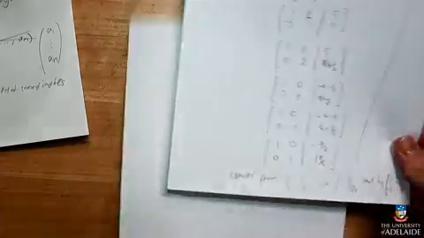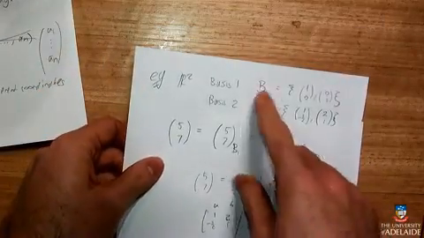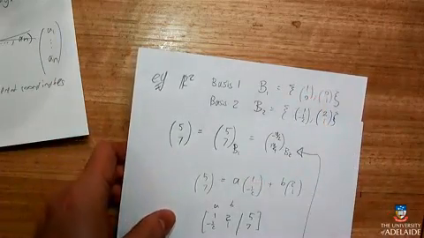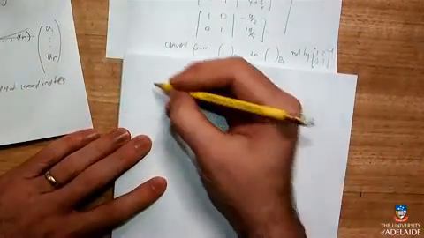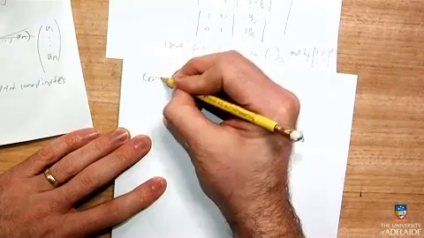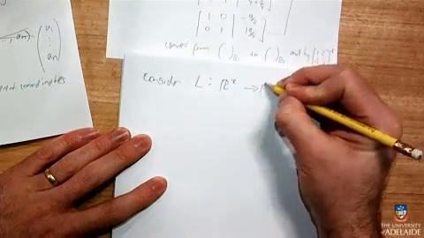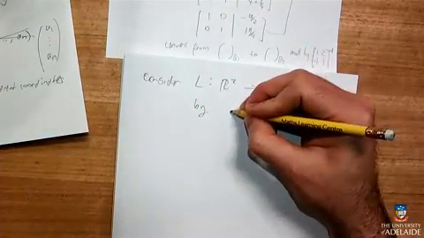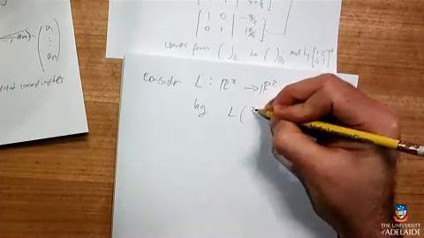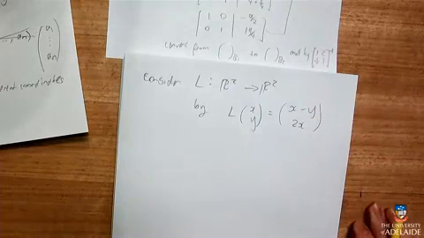All right, that's nice. So anything that I could do in this basis with linear transformations and stuff, I could do in this basis as well. So consider L, which sends R2 to R2 by (x, y) goes to (x minus y, 2x), something like that.